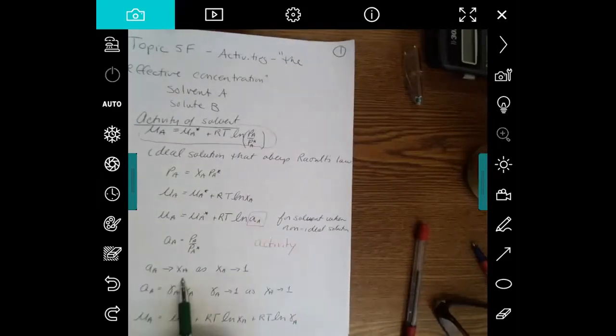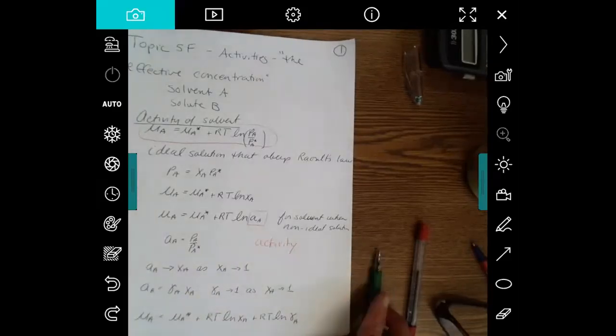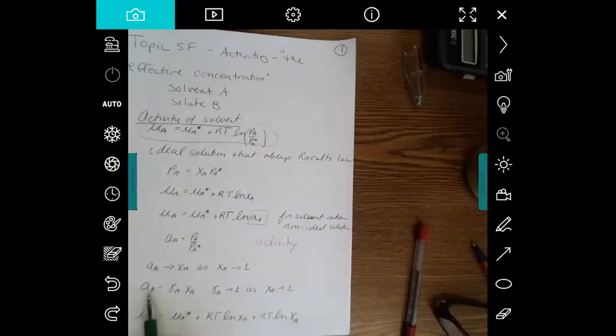The activity is going to go to the mole fraction as the mole fraction of A goes to 1. So that just means essentially that the less disruption you have, so the closer A is to just being pure, the more its activity will match the concentration that you put in. So we usually use something called an activity coefficient to make that correction.